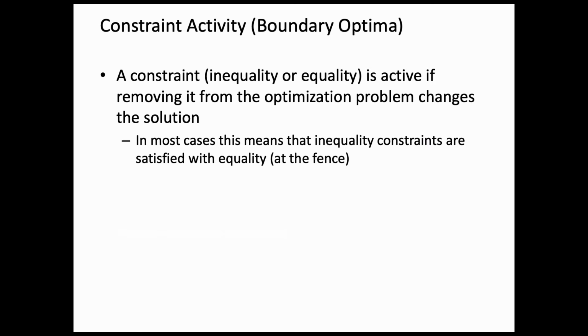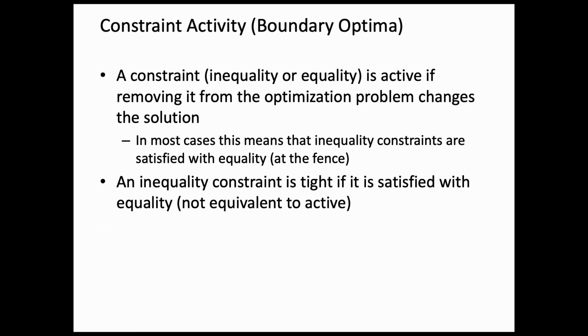And actually, in this case, the problem would be unbounded if we did not have that inequality constraint, because we could keep finding new values of x that satisfy the equality constraint that continue to reduce f of x without bound. An inequality constraint is tight if it is satisfied with equality.